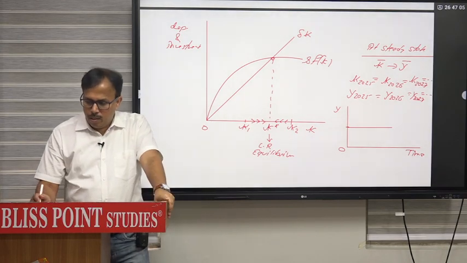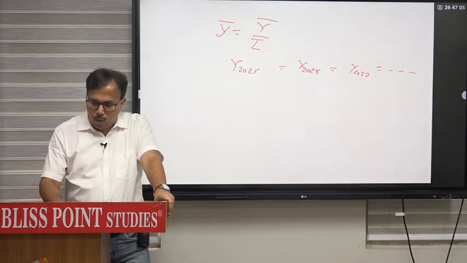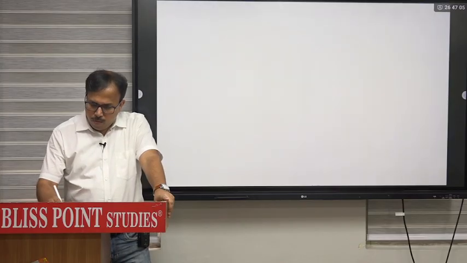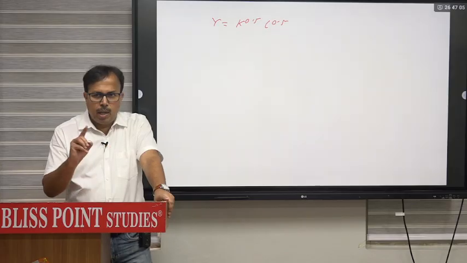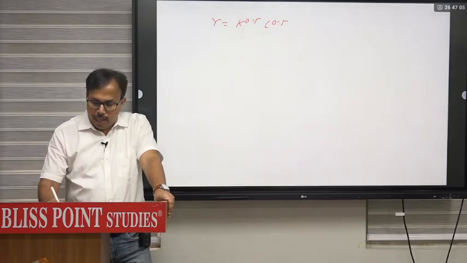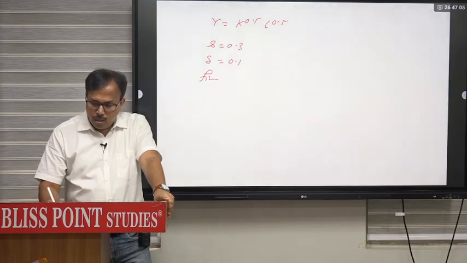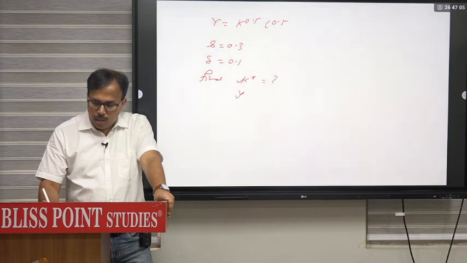Like if I write a function as y is equal to capital to the power 0.5 labor to the power 0.5, ये aggregate है, capital Y है, and saving rate is 30%, depreciation rate is 10%. So find K star and Y star.